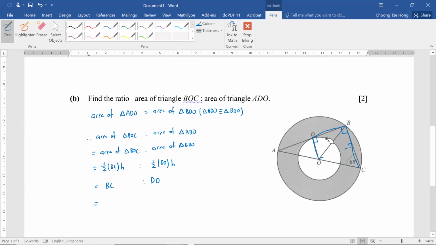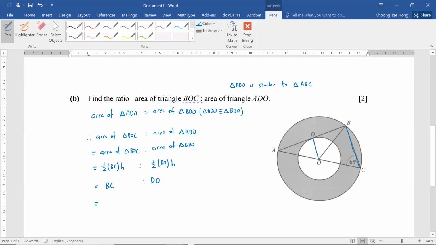Now I'm going to erase all these things. Over here in part A, we have already proven similarity between triangle ADO and ABC. So now we want the ratio BC is to DO. Just now we have proven triangle ADO is similar to triangle ABC.